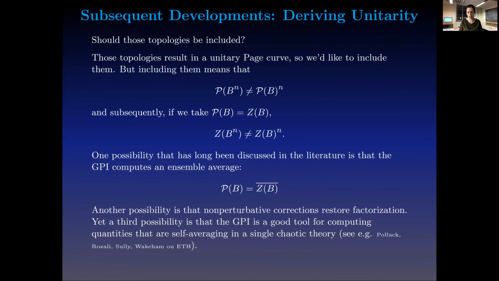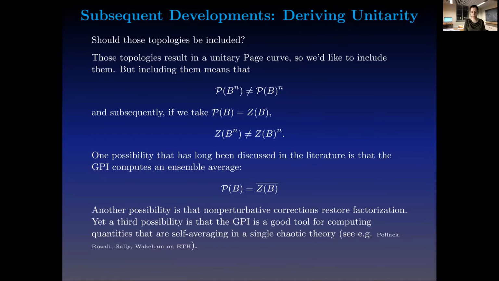You can think of it as an ensemble average if you like. There are other possibilities. For example, maybe non-perturbative corrections somehow restore factorization, or maybe the gravitational path integral is just a really good tool for computing quantities that are self-averaging in a single chaotic theory. I think there was a paper from the group at UBC to this effect.